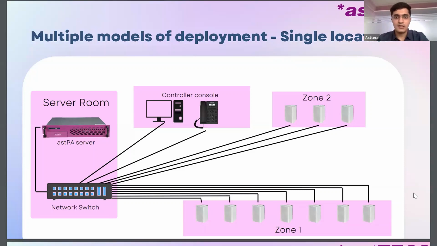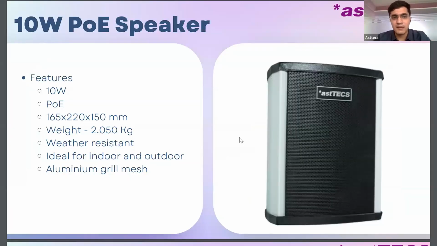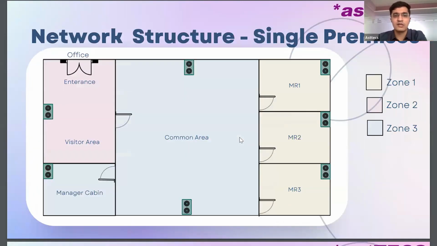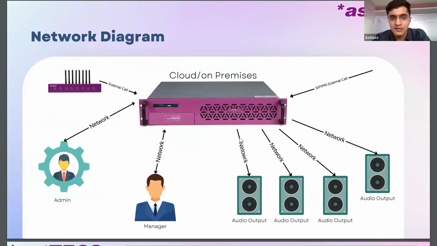Everything is connected on the IP network, even the controller console, or if it's a phone, connected via the Ethernet cable coming from the switch. In comparison to what's shown here, say this is your office structure. This would be more or less the network structure there.